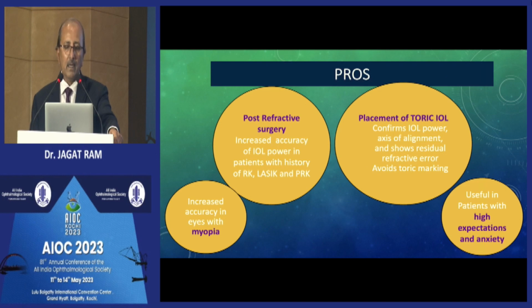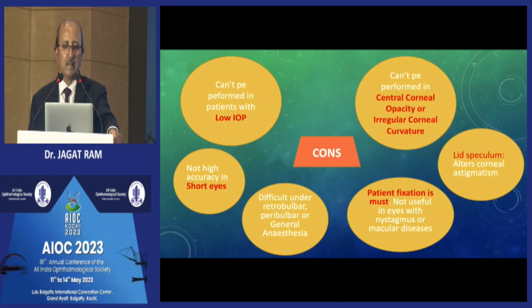What are the benefits? What are the pros? It can be effectively used in myopia, post-refractive surgery, placement of toric IOL, even the axis, whether any further rotation is required or not, and in many other situations, such as radial keratotomy and other patients.